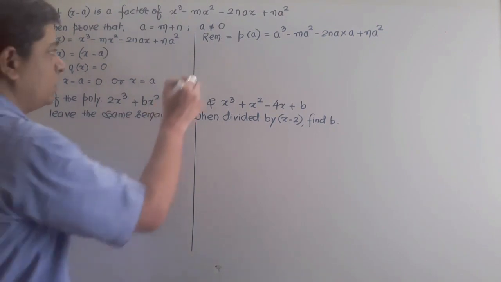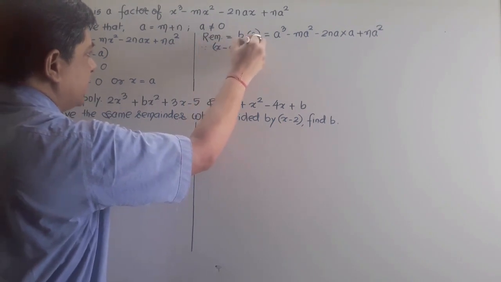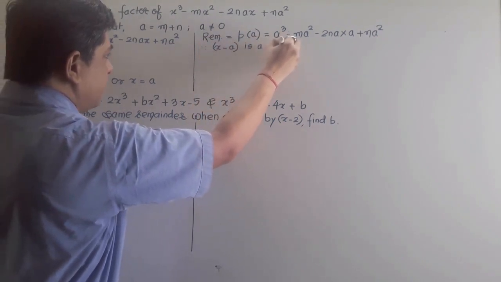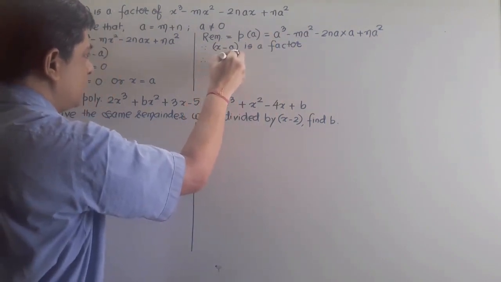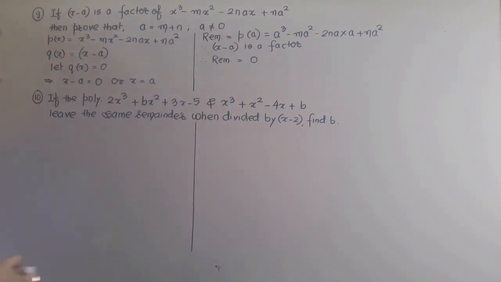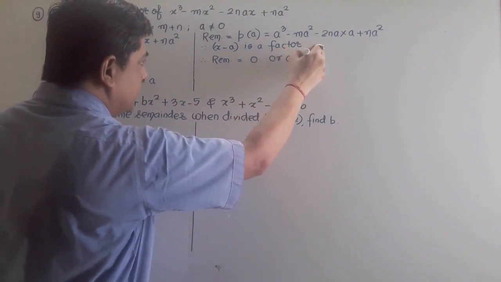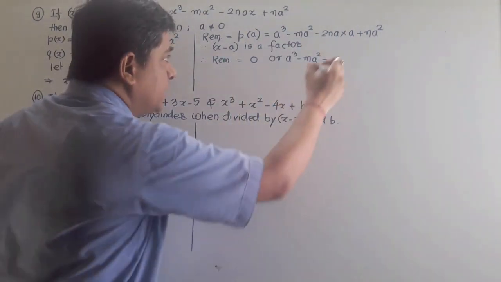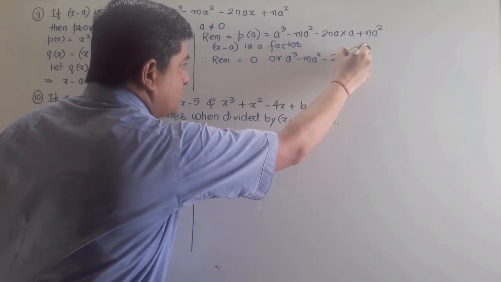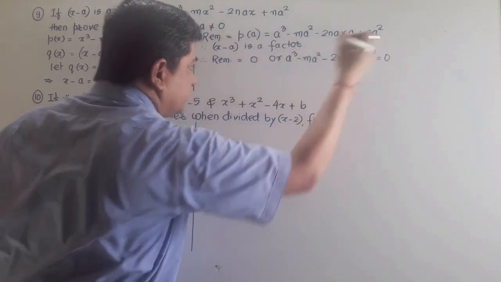So we shall mention that since x minus a is a factor, therefore we can say the remainder will be equal to 0. Now what is my remainder here? Remainder is a cube minus ma square minus, here you observe a and a will multiply, that will become 2n a square, and plus na square is equal to 0.